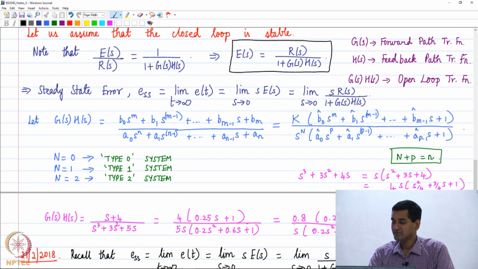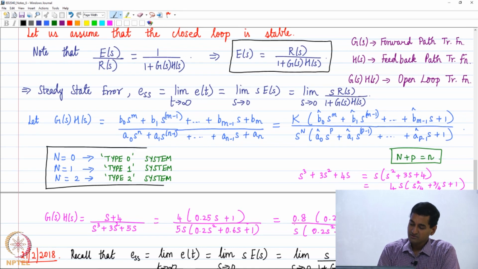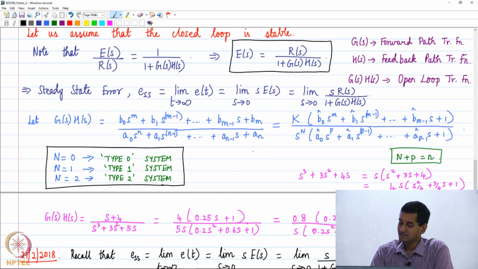So, that is something which we discussed in the previous class, and depending on the values of N, we call the corresponding system a type N system. So, if N is 0, it is called type 0, if N is equal to 1, it is called type 1, and so on, right.